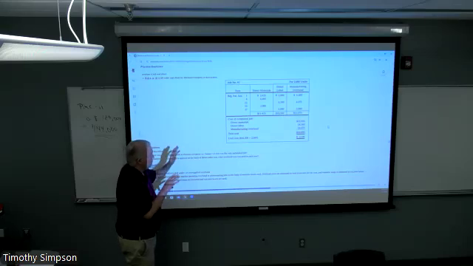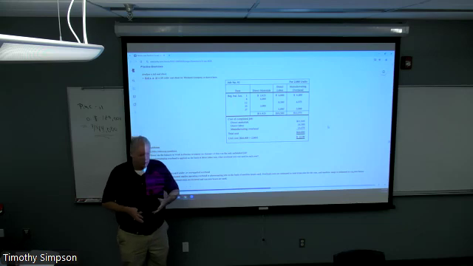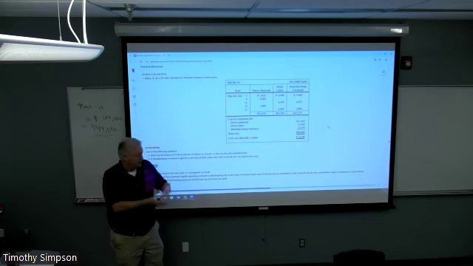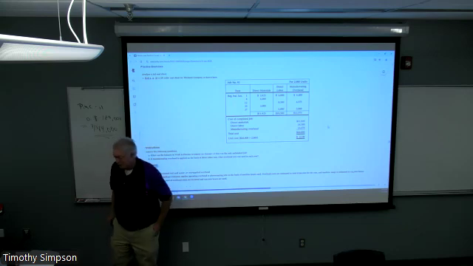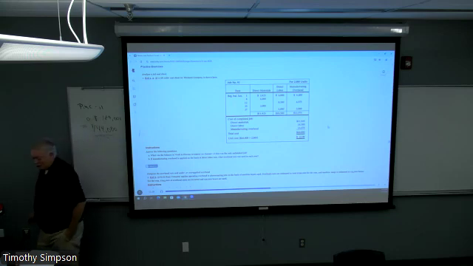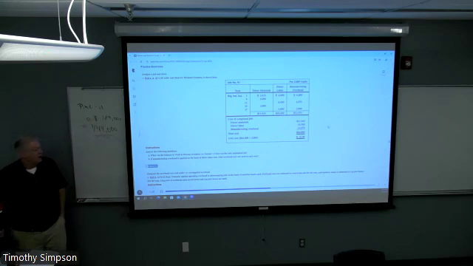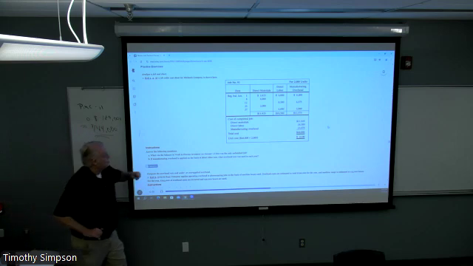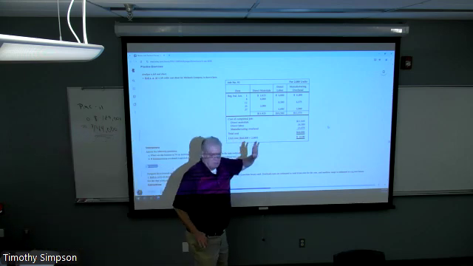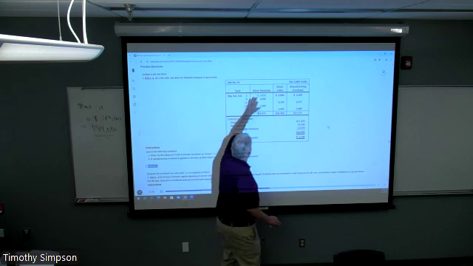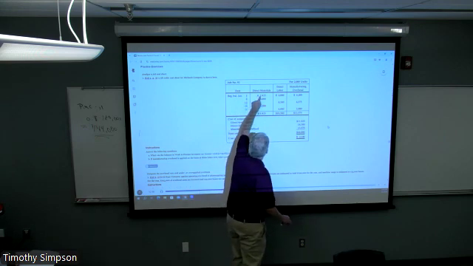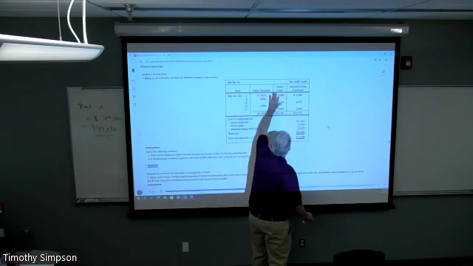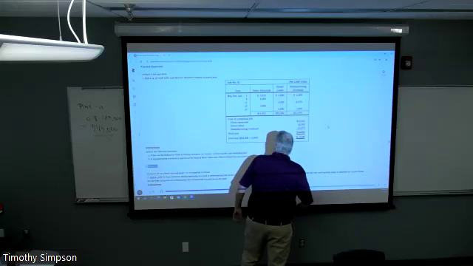I know we've got a bit of a handicap here because we've got the screen up, and I'm going to bring this up in order to do this, but I want us to look at this and ask ourselves, what are we trying to determine here? What's the balance of work in process? Well, think about this. The balance of work in process is production cost, which is direct materials as of January 1st, 3,925, direct labor 6,000, and manufacturing overhead 4,200.